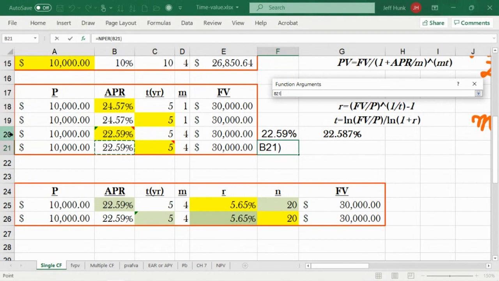And the critical information is that the principal is 10K. Your target future value is 30K. APR is this, 22 point something. Compounding frequency is 4. All you need to do is plug this data into this template or this model. Of course, the question is, how many years will it take?